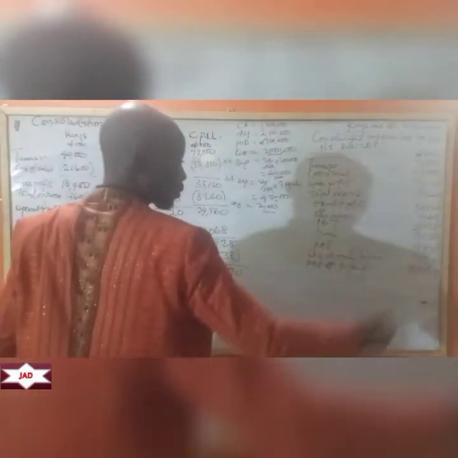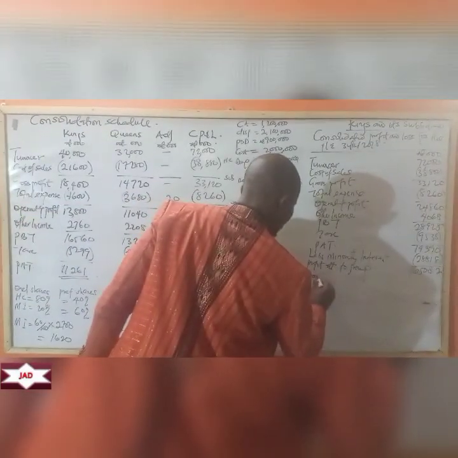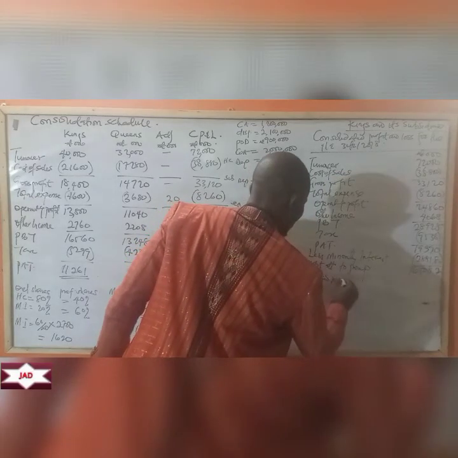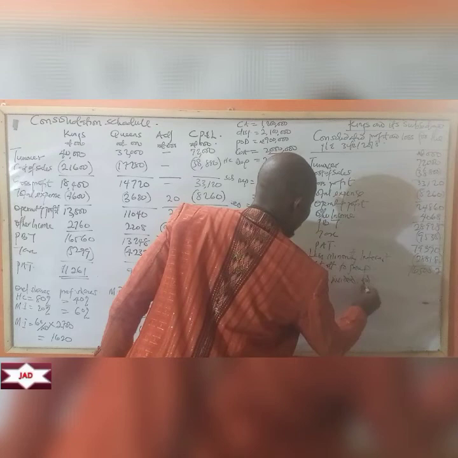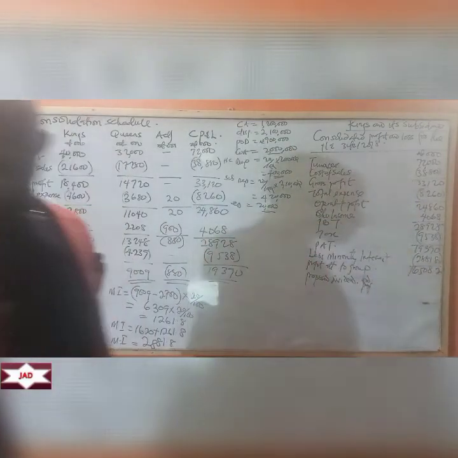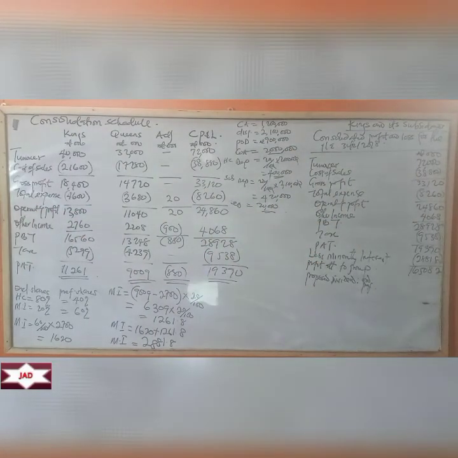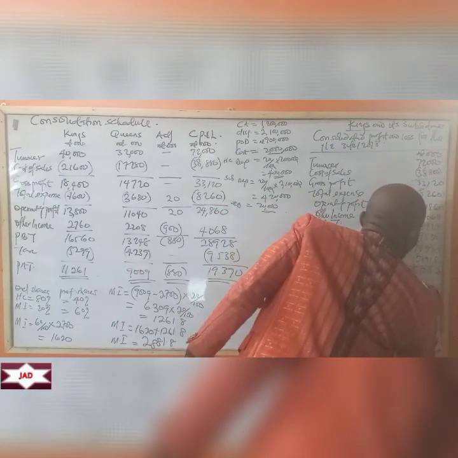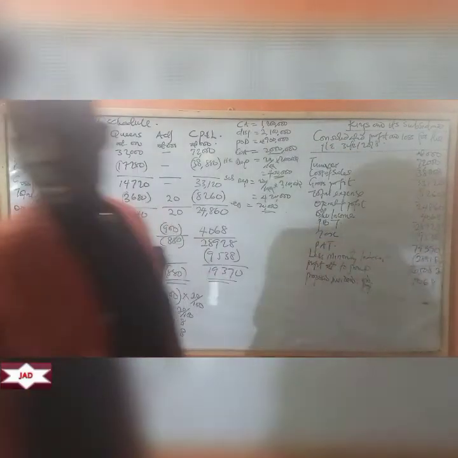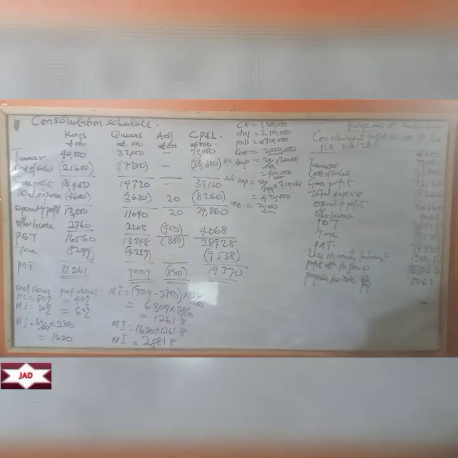So now we take out what? Proposed dividend of the holding company. So we have ordinary share, we have preference. What's ordinary share dividend? 5,068. What is the one for preference dividend? 3,370.